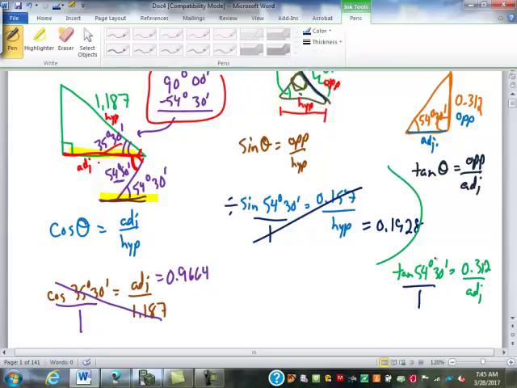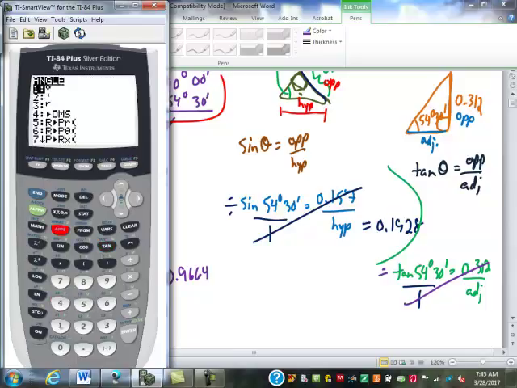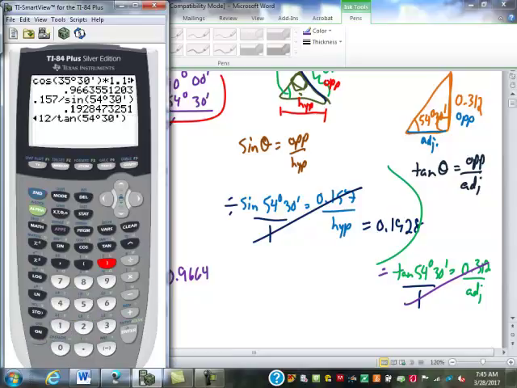Put that over 1, cross multiply and divide. So 1 times 0.312 is just 0.312, divided by the tangent of 54 degrees, 30 minutes, gives me 0.2225.